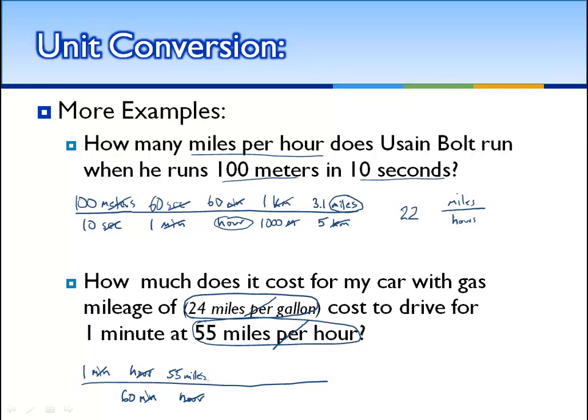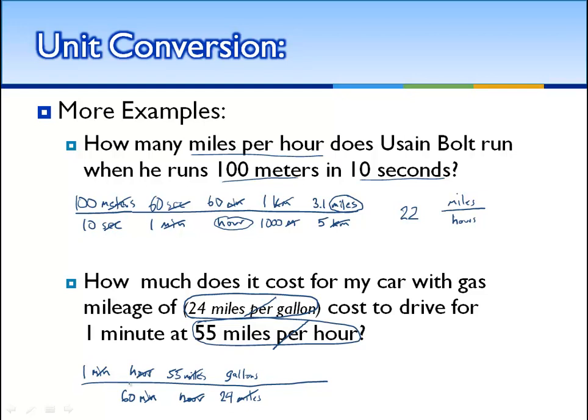And now that I've got something in miles, I could probably use this fact for how many miles per gallon I've got. So specifically, the 24 goes with our miles, so 24 miles will go on the bottom, because miles cancels with miles, and that gives me gallons of gasoline used.